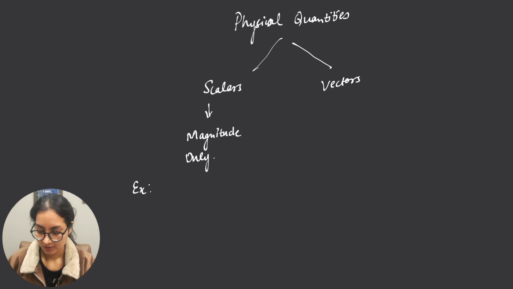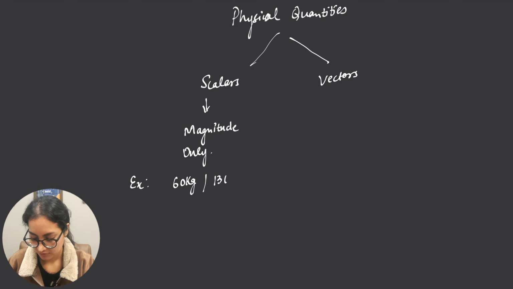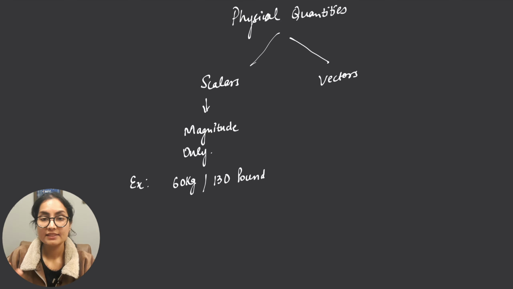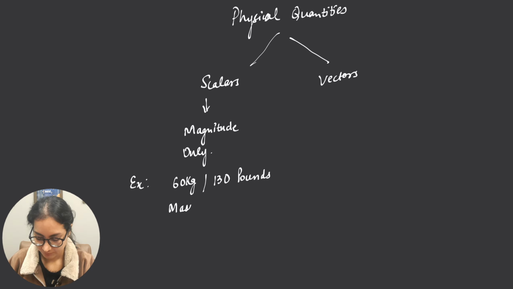For example, if I ask my friend what's his mass, if the answer is 60 kilograms or 130 pounds, this mass has only magnitude, it doesn't have any direction. So, hence, mass is a scalar.